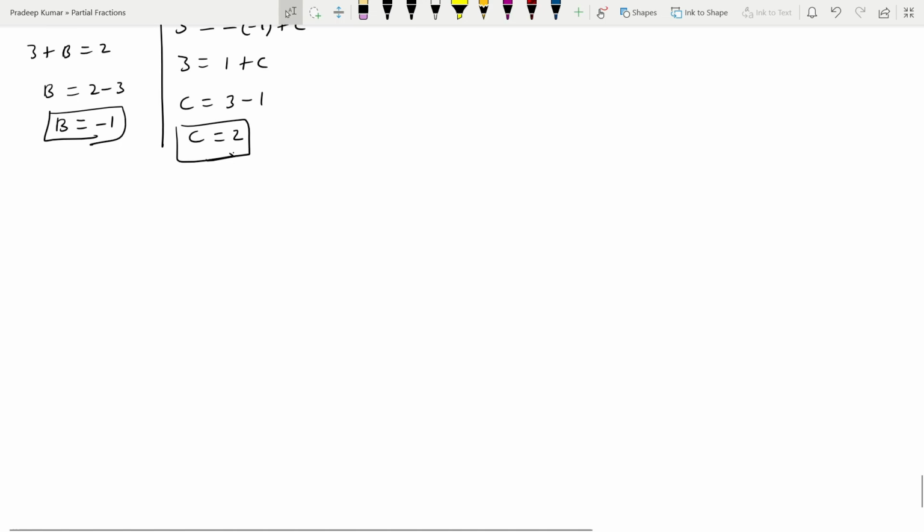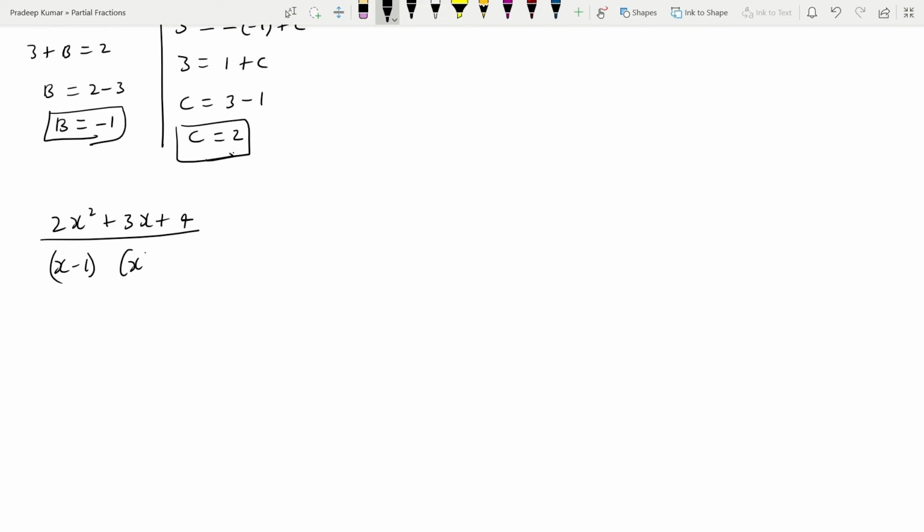Right, so let's do that. 2x square plus 3x plus 4 by x minus 1 into x square plus 2. So in the place of a we need to substitute 3. Alright, in the place of b we need to substitute minus 1. In the place of c we need to substitute 2. So this is the final answer for this particular question.